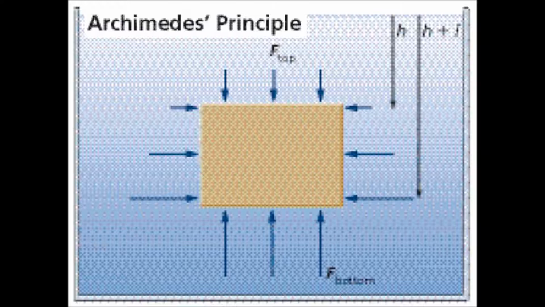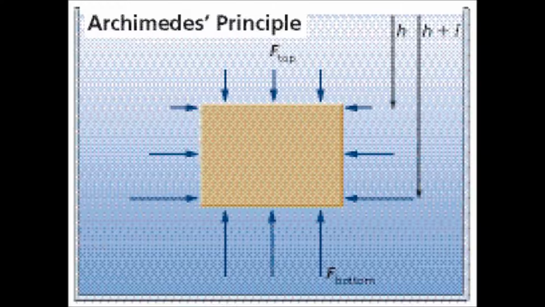It's kind of like a gradient of forces on an object based on the depth of the object in the fluid. The fluid can be either air, or the fluid could be water or anything.